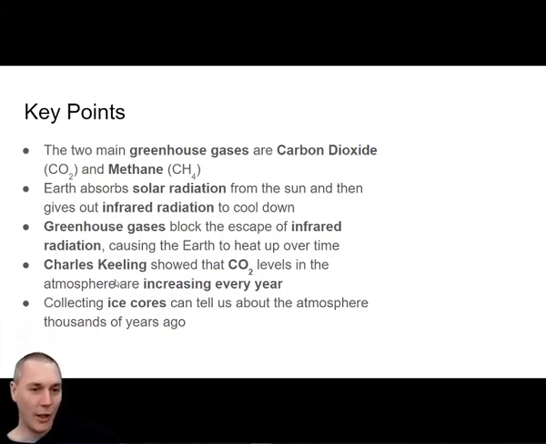Charles Keeling and his team started measuring carbon dioxide levels in 1958 in Hawaii, and he was the first person to show in his measurements that carbon dioxide levels were increasing every year, and to prove that it was not just something natural that happens all the time in the Earth's history. There's something unusual going on.